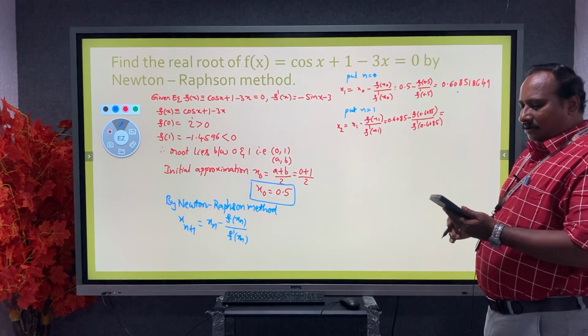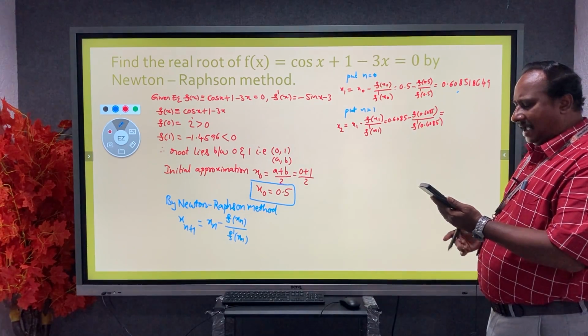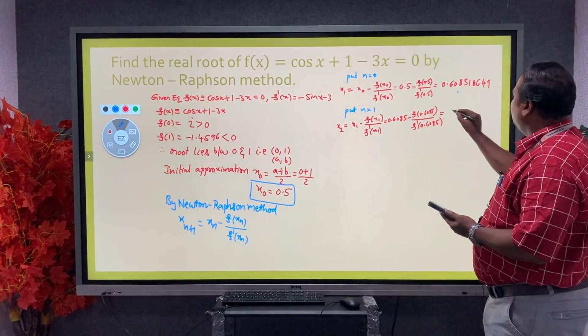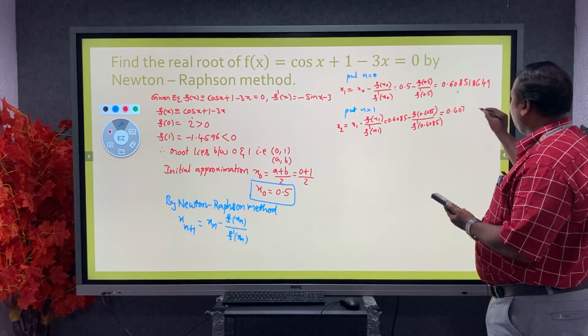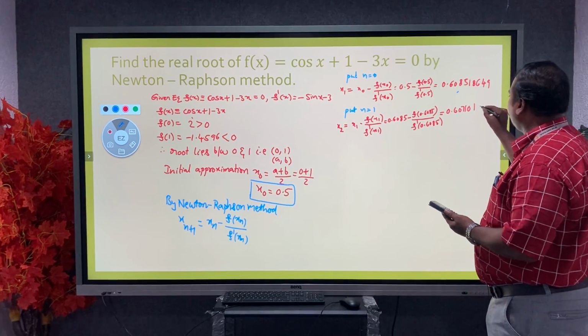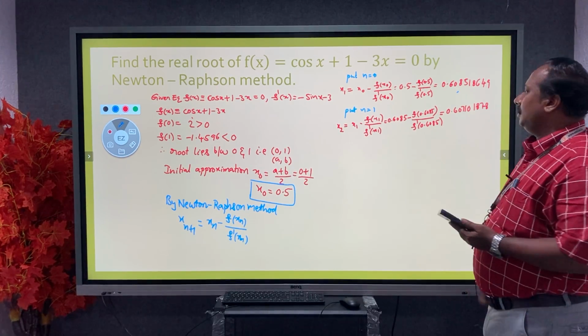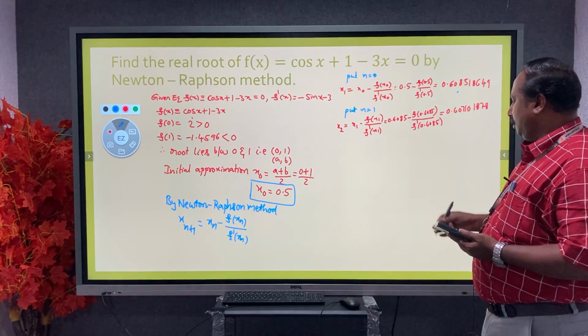Calculate the value using a calculator. We get the answer 0.607101878. Okay, so this is the x2 value.